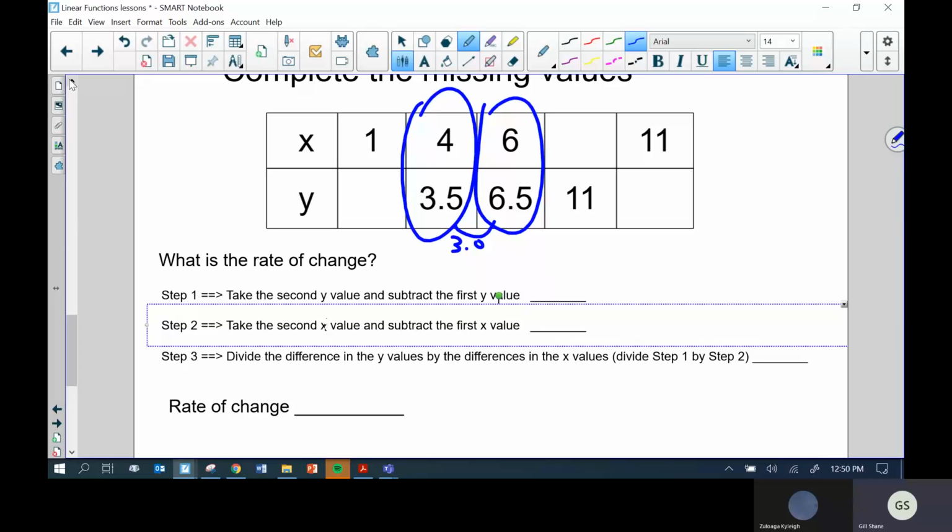Anybody done? I want you to try it though. Try using the numbers. That's going to be that, and then divided by what? What's the second x? The same thing you just did for the y.